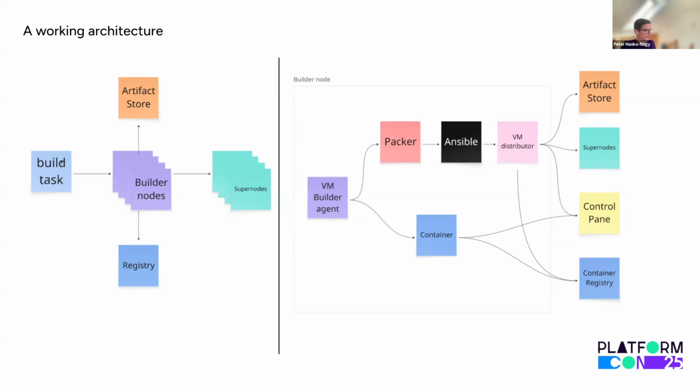The most important thing is that when an artifact is created, we create an entry in the control plane saying, hey, this is our new VM version, do something with it. And we also push the new artifact to a so-called supernode. For now, imagine the supernode as a seed server.